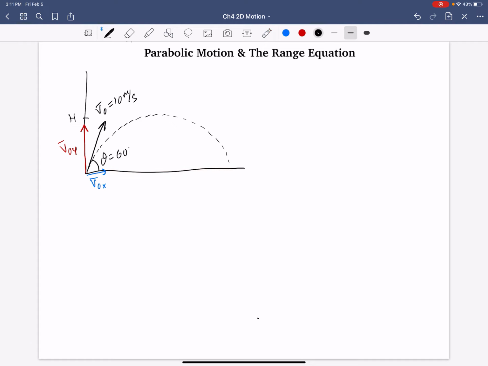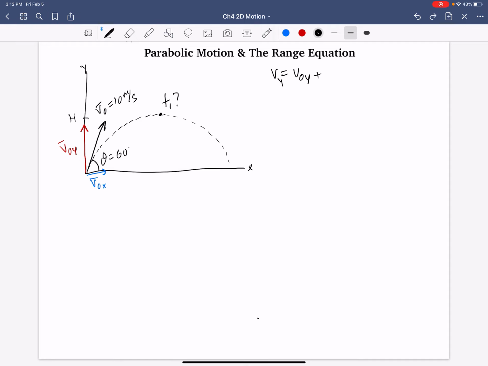Okay, so for starters, what if you wanted to find the time to the top? How would you do that? Well, actually I should put x and y. How would you do that? Well, if you knew the magnitude of v naught and the initial angle, you could use this equation.